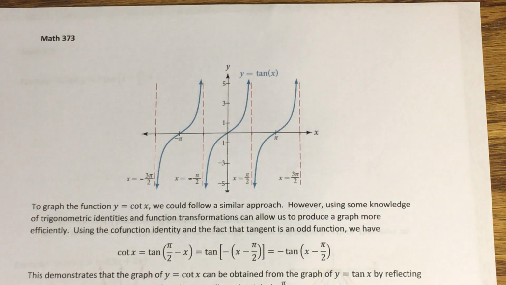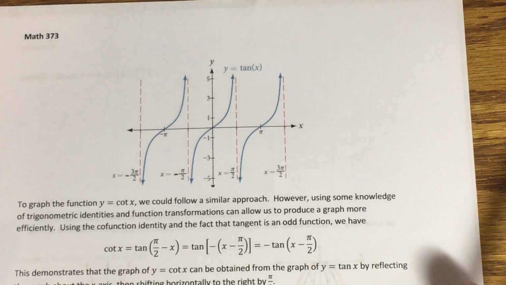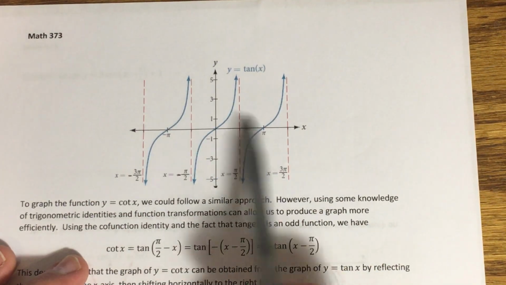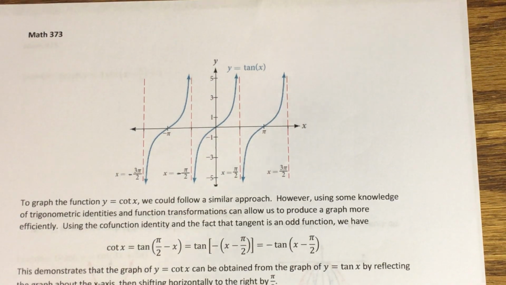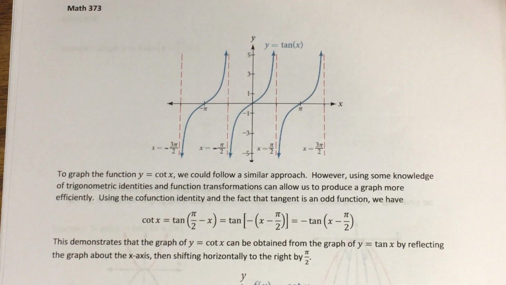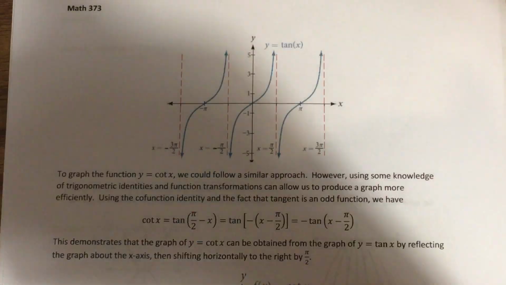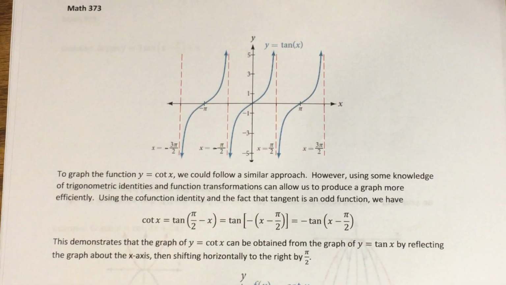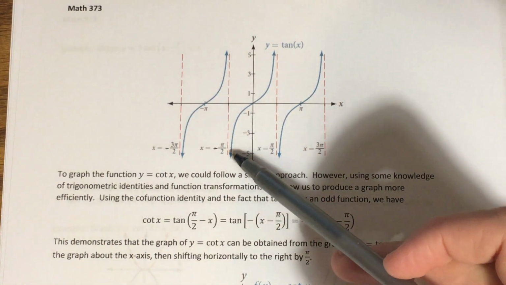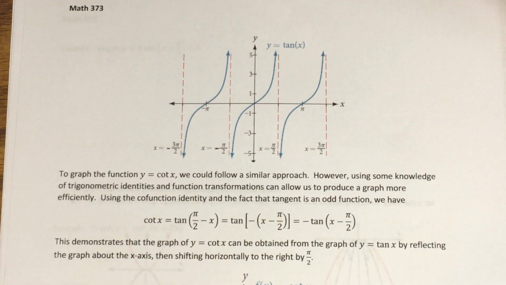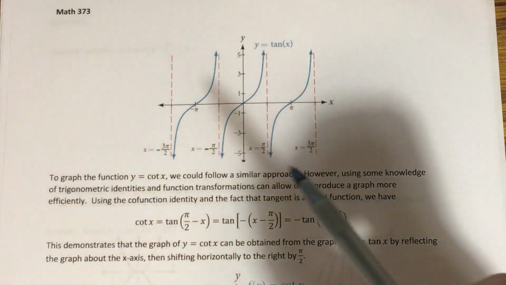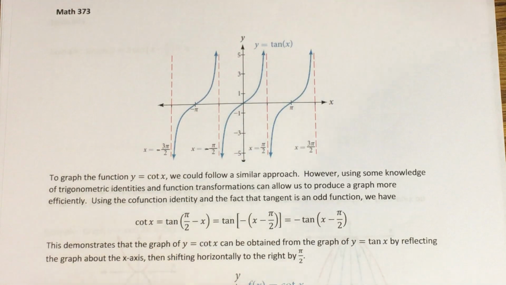Now, this shows 3 cycles or 3 periods of the tangent function. When we get to the examples pretty shortly, I'm only going to ask you to graph 1 period, like we've been doing with the sine and the cosine graph, because that'll contain all the information that we really need.